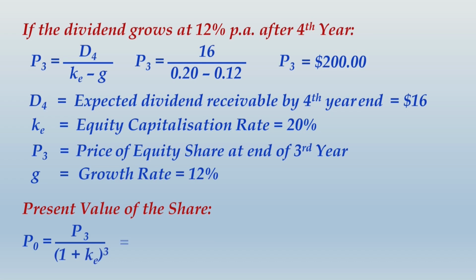P0 will be P3 divided by 1 plus Ke raised to 3. That will be $200 divided by 1 plus 0.2 raised to 3. Whatever be the calculated value will be your final answer. So finally P0 value comes to $115.74. So write up this whole thing quickly and then I take you ahead.